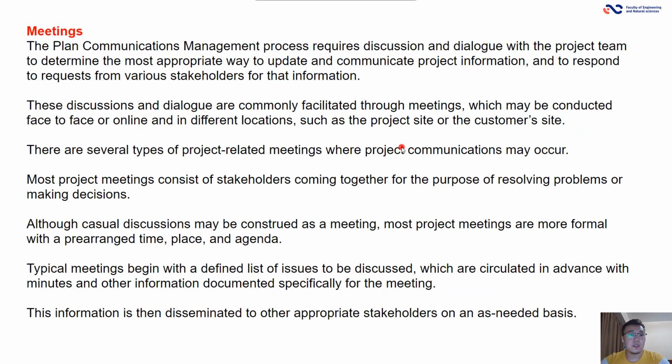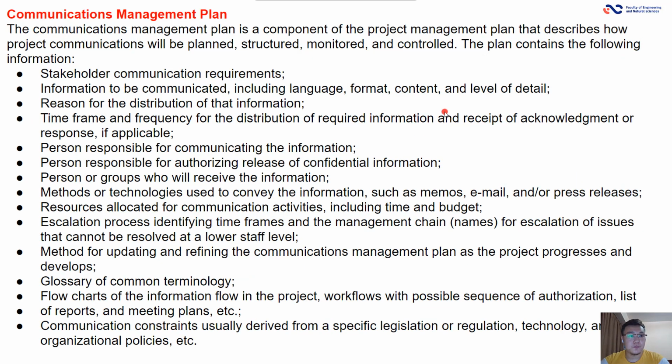Meetings. The plan communications management process requires discussion and dialogue with the project team to determine the most appropriate way to update and communicate project information and to respond to requests from various stakeholders for the information.